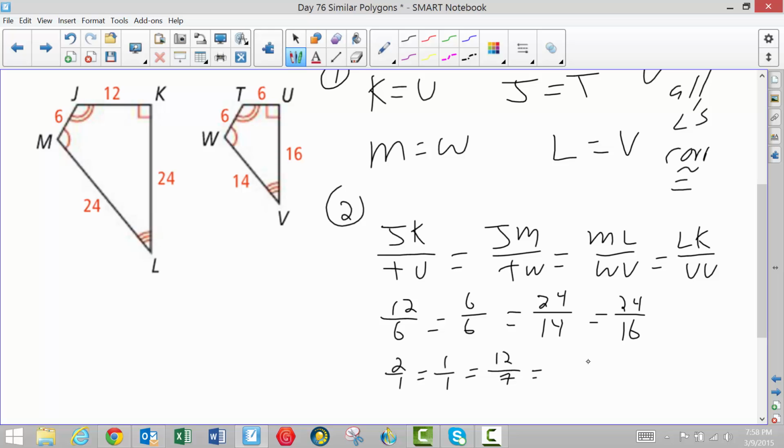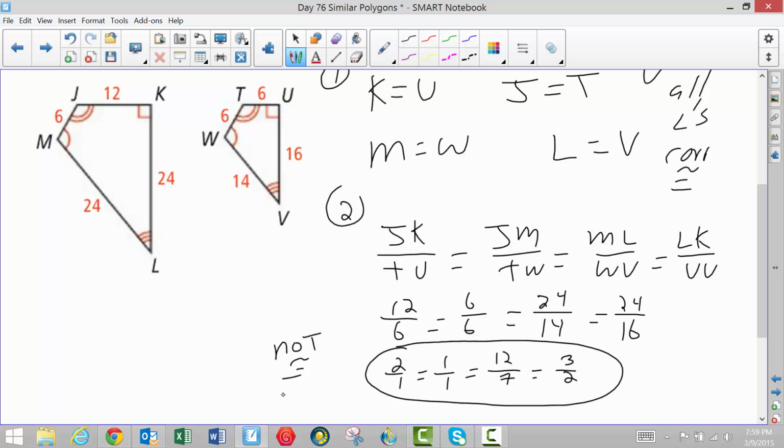And then we have 24 over 16, which is 3 over 2. So my ratios are not the same. So these are not congruent. Therefore, this is not similar.